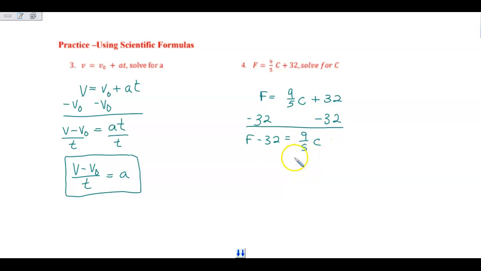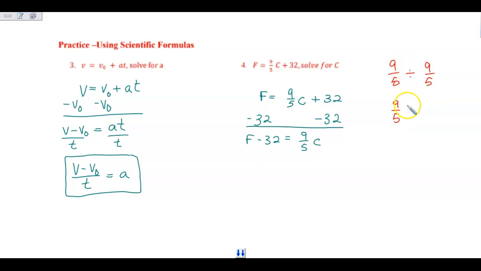Now this is where it gets a little tricky, and we have to think back to our instructions when we're dividing by fractions. If I am going to divide this, I'm going to take 9/5 and divide it by 9/5. Now you'll remember that when we're dividing fractions, we're actually going to multiply by the reciprocal. So the first fraction is going to stay the same.